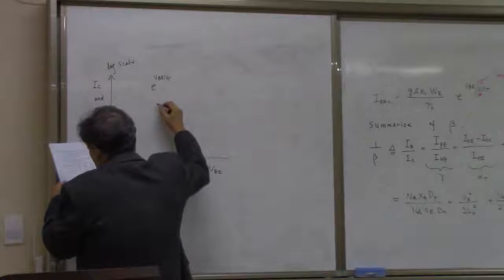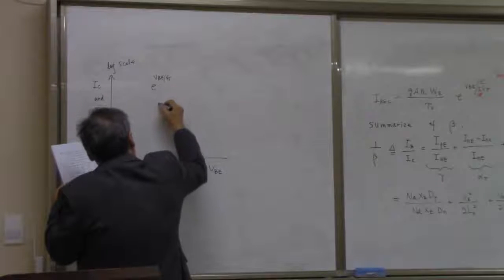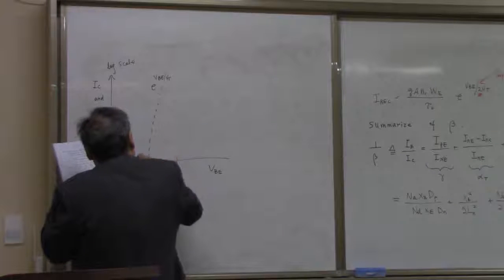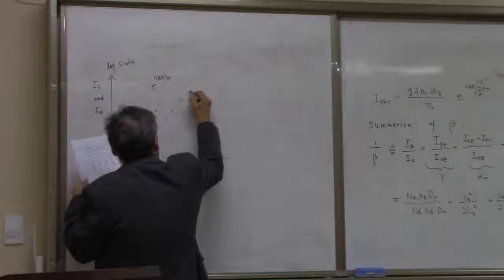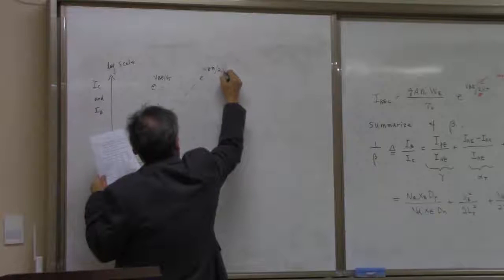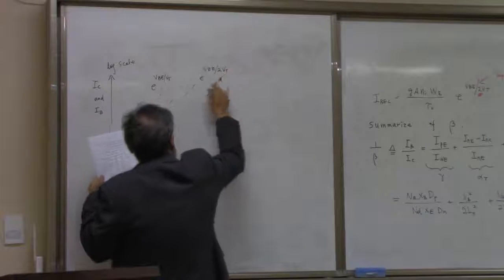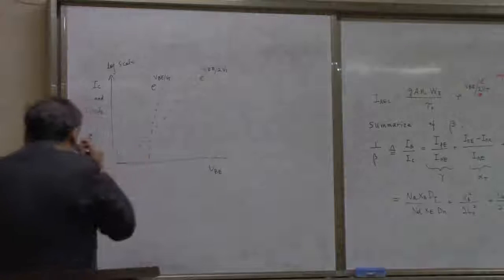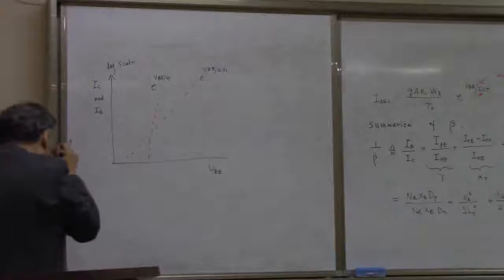One is going to be this, and the other is going to be e to the VBE over 2VT, right? That is the recombination current.